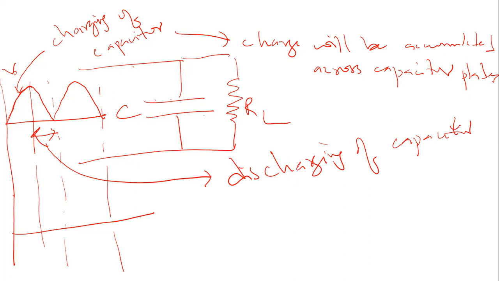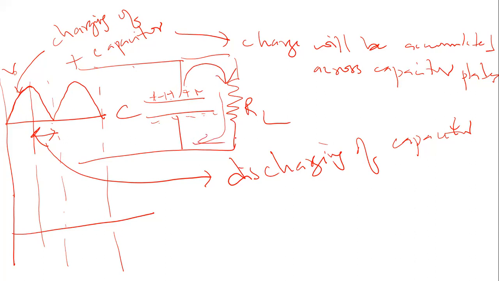In the process of charging, positive charges are accumulated on this side and negative charges on the other. When the voltage applied across the capacitor starts falling down, whatever positive and negative charges accumulated here will be discharged by this capacitor across the load resistance.